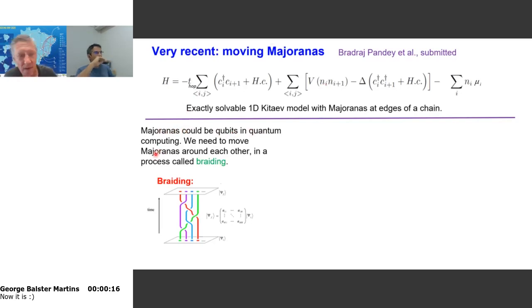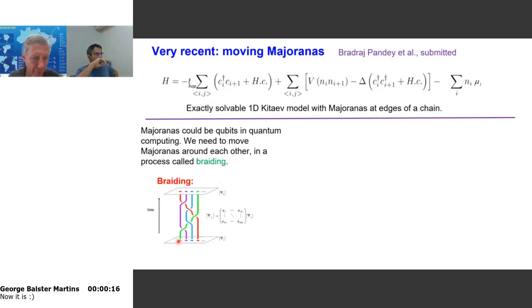It's a dream. I don't know whether I will see this during my lifetime, but the fact is that in order to carry out operations and act as a quantum computer, you have to do a movement of Majoranas called braiding.